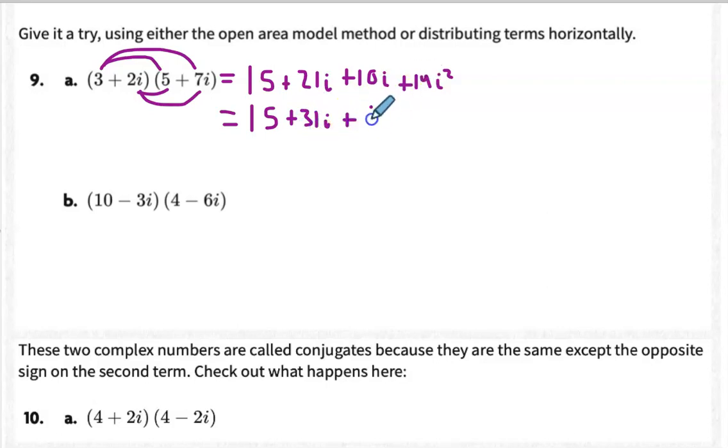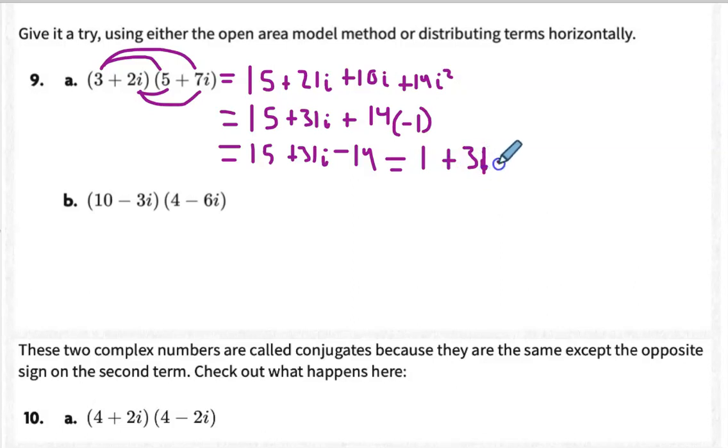Plus 14 i squared. Now we have to remember i squared is equal to negative 1. So really, this is 15 plus 31i minus 14. And then you notice we have some like terms to combine. 15 and negative 14 is just 1. So this is 1 plus 31i.